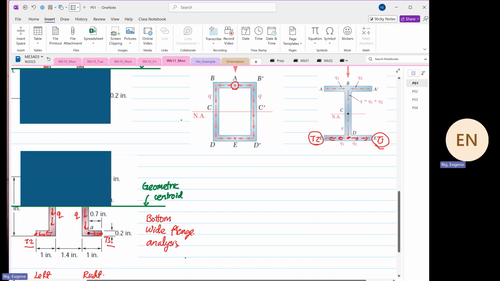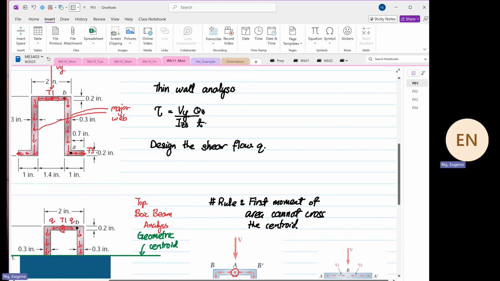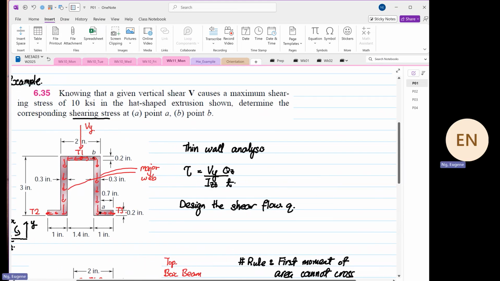A white flange. So this makes a structure that looks like a head. It's a combined analysis. That's why I picked this problem. Combined in the sense that the top half is a box beam. The bottom half is a what? White flange. One problem solves two different methods.